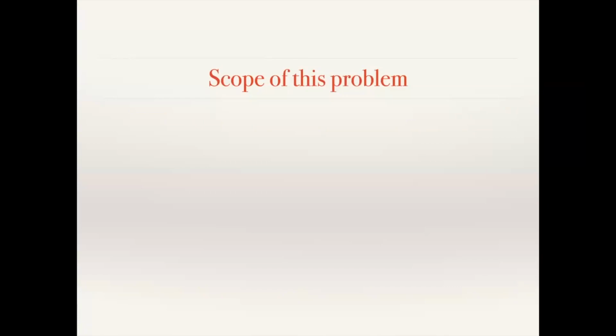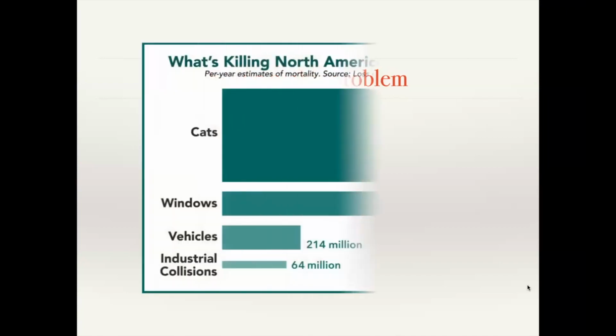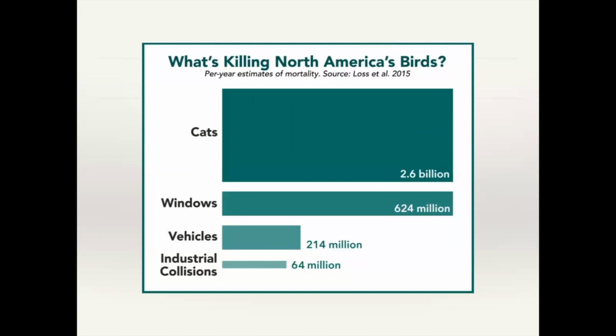Okay, so some background. The scope of the problem of birds hitting windows is quite big in the scheme of direct mortality. So not indirect, not things like habitat loss or pesticides, but direct mortality. Thing happens, bird dies. These are our top causes of that direct mortality.